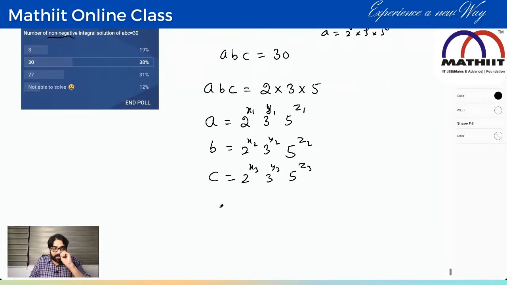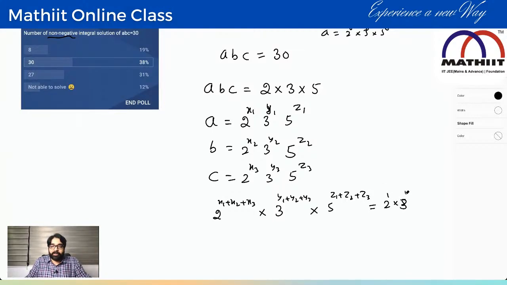So what we can say, on this side, if you put this value, you'll get 2 power x1 plus x2 plus x3 into 3 power y1 plus y2 plus y3 into 5 power z1 plus z2 plus z3 is equal to 2 power 1 into 3 power 1 into 5 power 1.